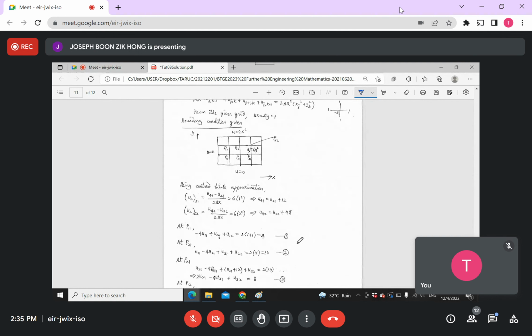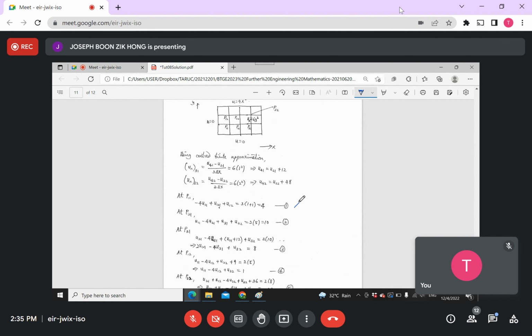for the equation 5, this one is the equation for P11. Okay, this one is the equation for P21. But when you look at the P11, you will have extra this point, P01. Oh, sorry, this one only. This one don't have, because now I know this one is 0, 0, so I can substitute as 0.